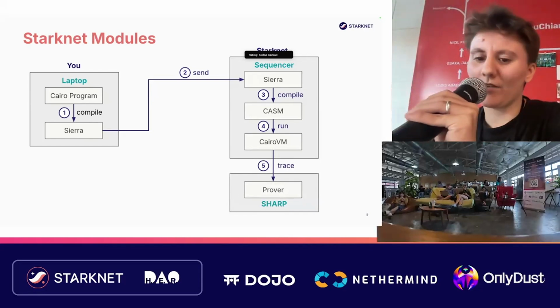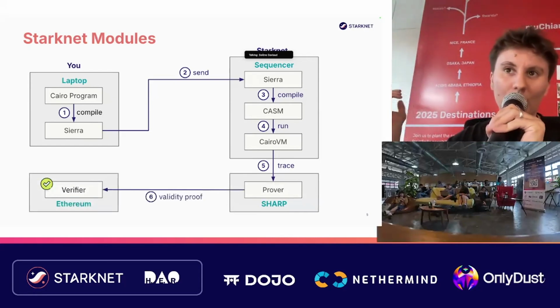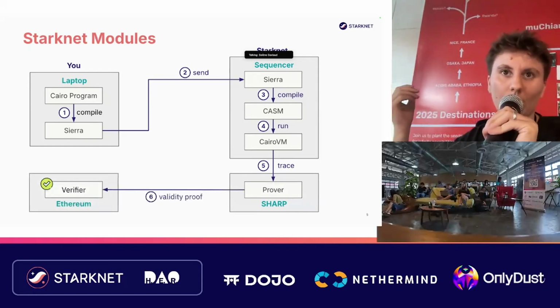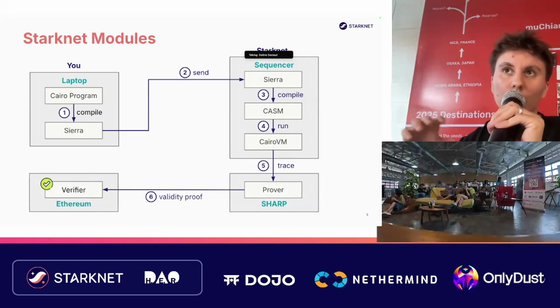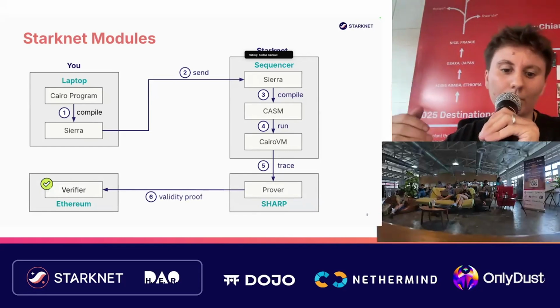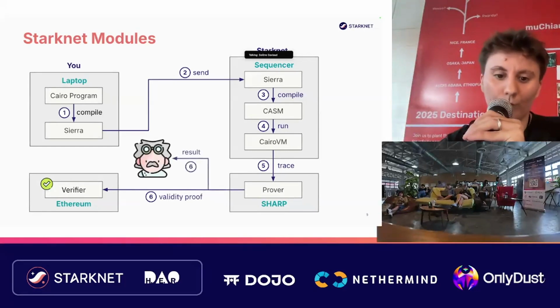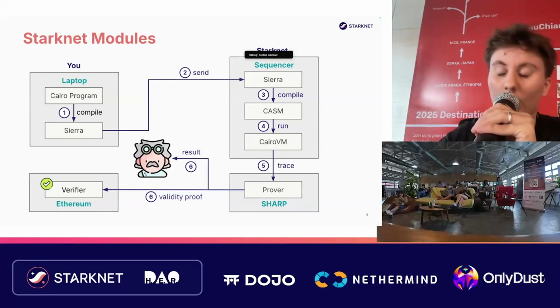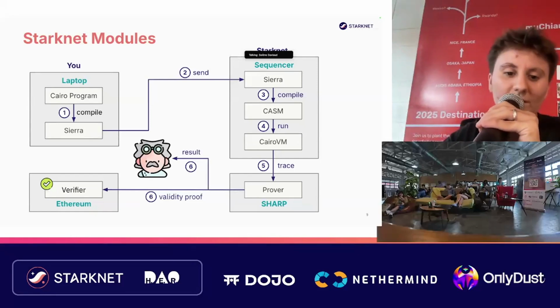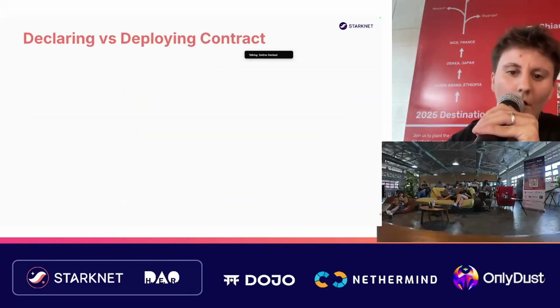And at the end, the prover will generate a validity proof, and this validity proof will go to Ethereum, where a node operator will verify if the validity proof is correct or not, and if it's the case, as a result we have layer 1 finality where the proof is on Ethereum, in fact. So it's oversimplified, like I said.